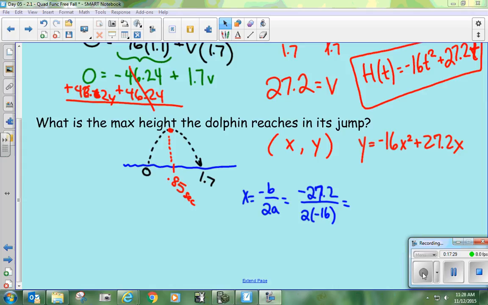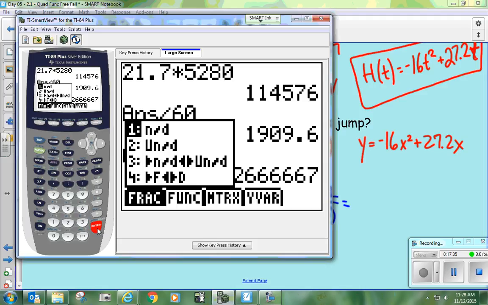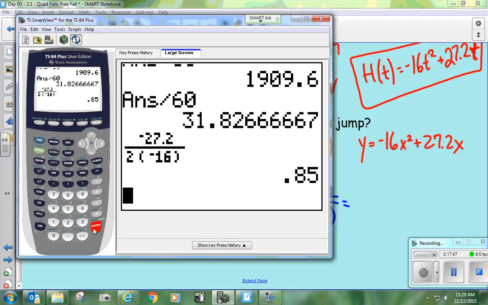What do I get when I divide? 0.85. Look, it's exactly what we thought. 0.85.